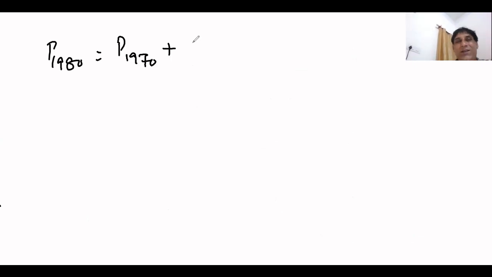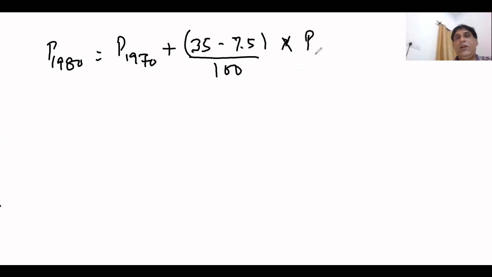So this is 35 minus 7.5 upon 100 into population of 1970.